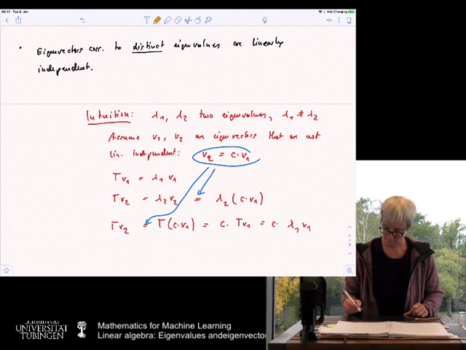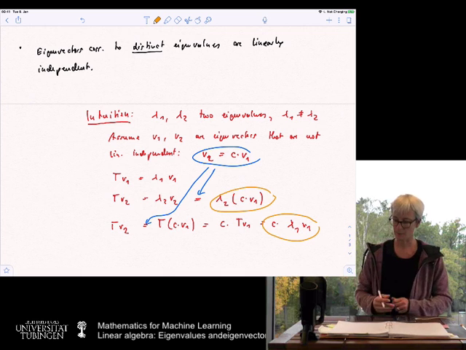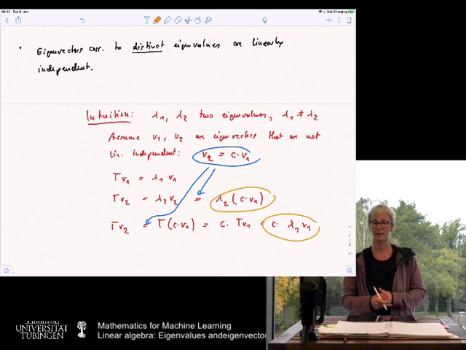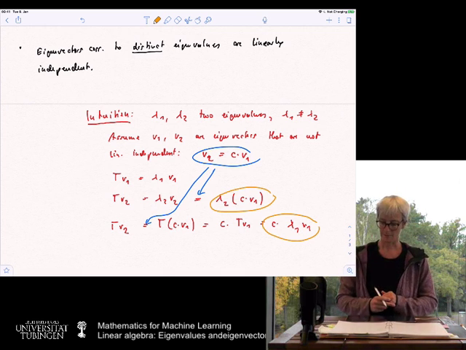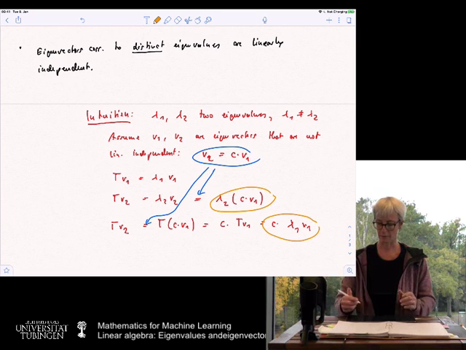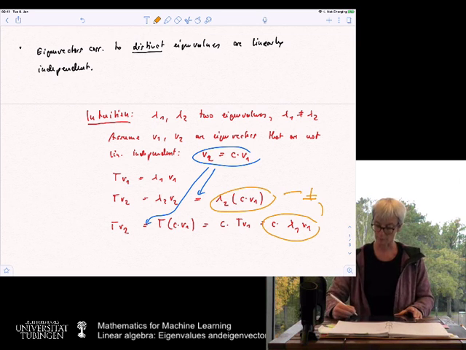So now I have these two expressions. One says c lambda 1 v1, and one says lambda 2 c v1. So this is obviously not the same expression, because lambda 1 is not the same as lambda 2.